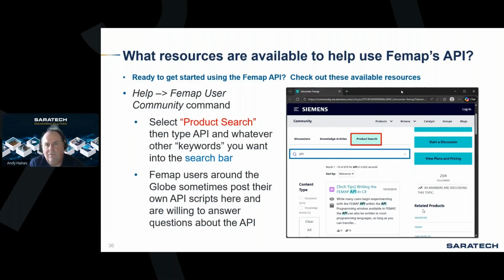And if you want, you can also type in some additional keywords, and it'll search to see if it can find it. If you just type API, it'll just bring up everything that someone has kind of tagged as an API article, post, what have you.